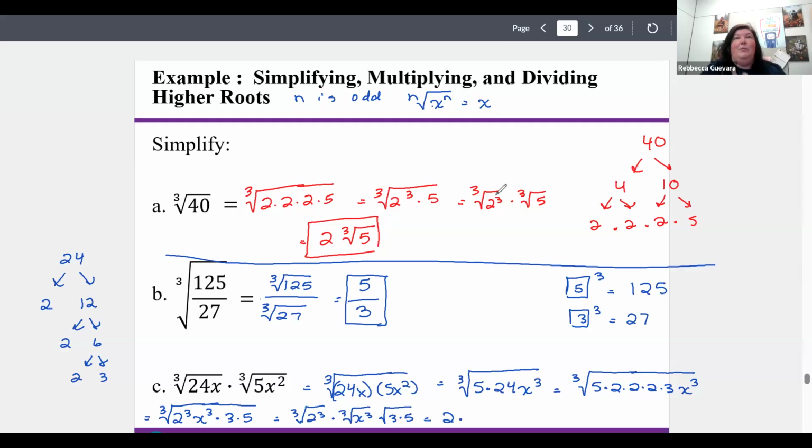So we have the cube root of x cubed, leaves me with just the x, so I don't have to worry about an absolute value here. Times 3 times x. So this is just 2x cubed root of 15.